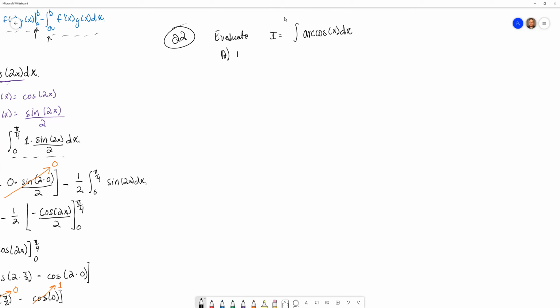First, we will do an integration by parts. Then we will need to do a substitution. So these are kind of just like hints.